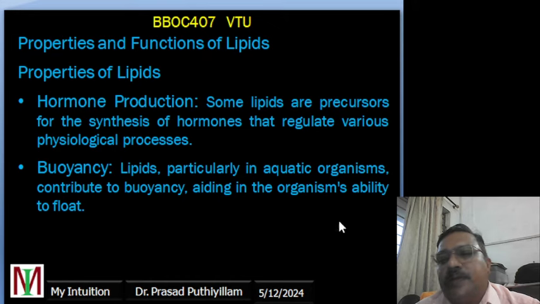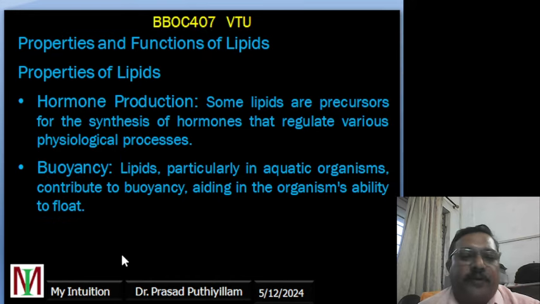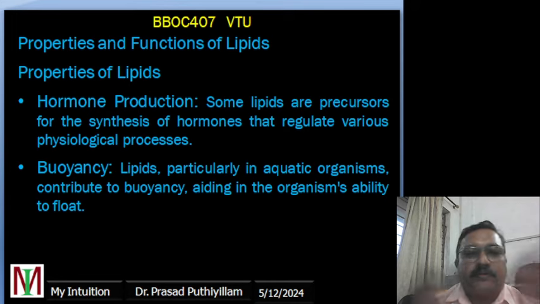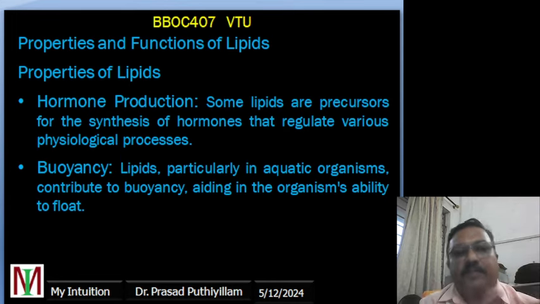Then comes the next topic, that is buoyancy. Buoyancy is the upward force exerted by any fluid to oppose the weight of an immersed object. It means a force which makes an object float.